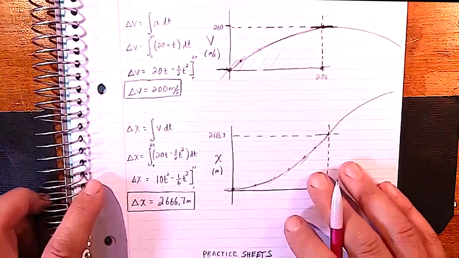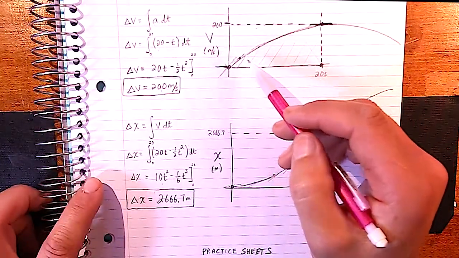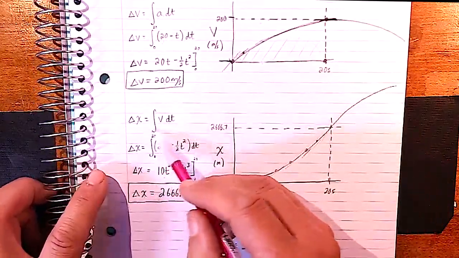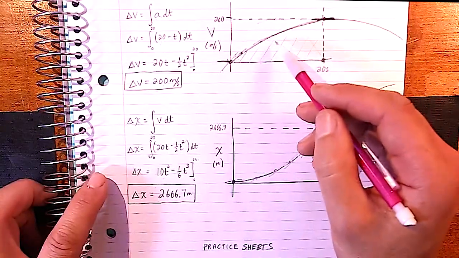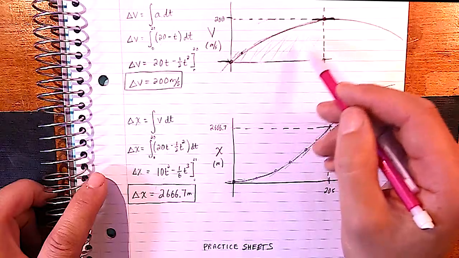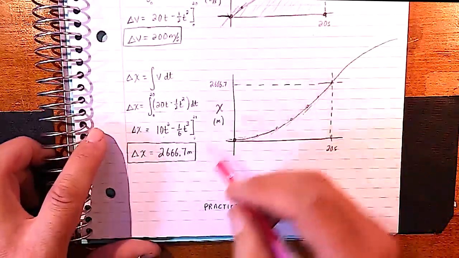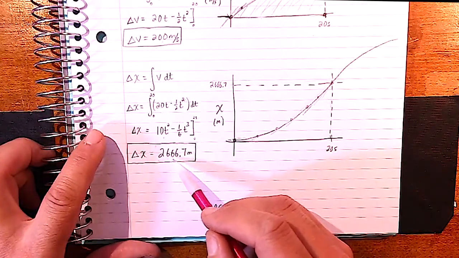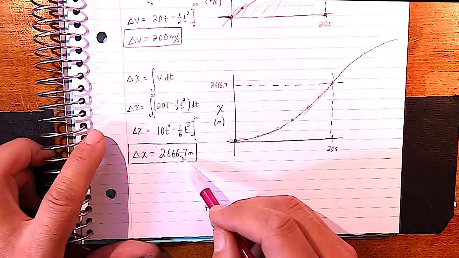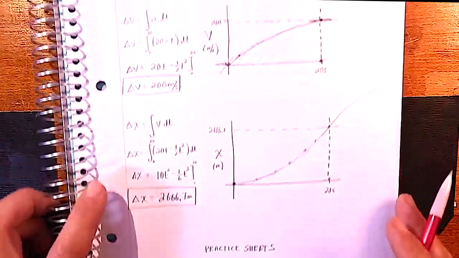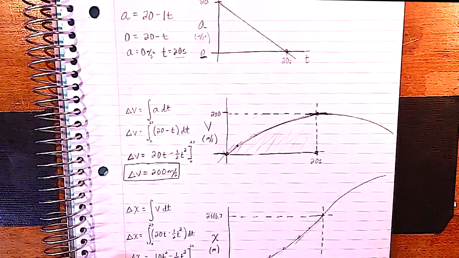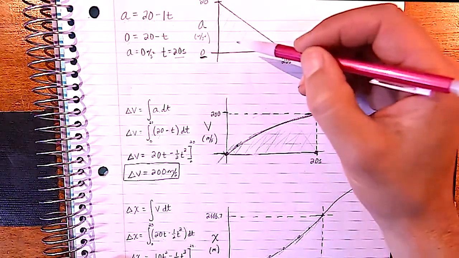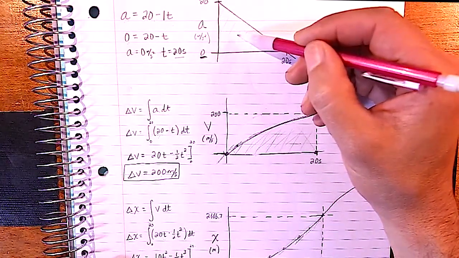And if we integrate velocity with respect to time, down here, then we're going to find that the area of this velocity is going to be 2,666.7.